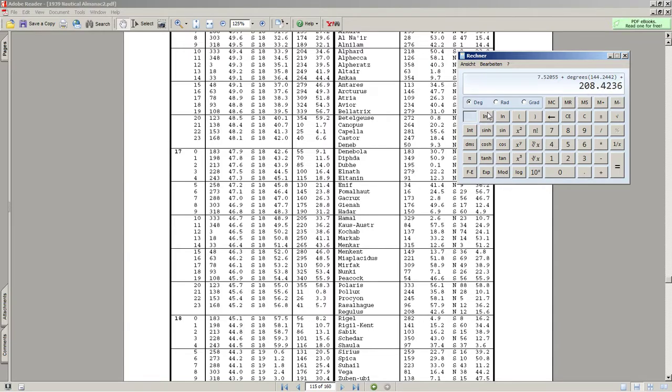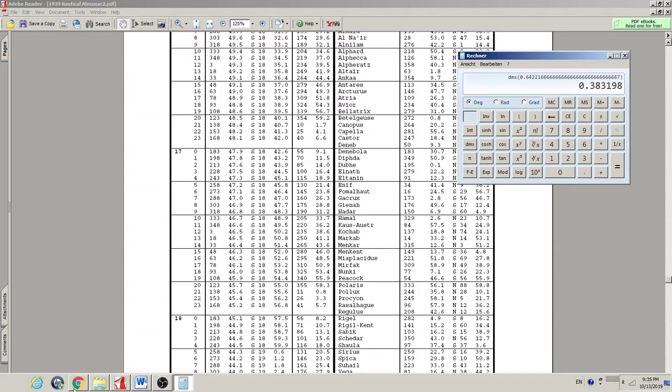That's 0.6. Okay, convert that. Equals, okay, now you can see we're over 360, so we minus 360. Then we convert that to degrees by hitting DMS. So our GHA is actually 0 degrees 38.5 minutes. So we enter that in.